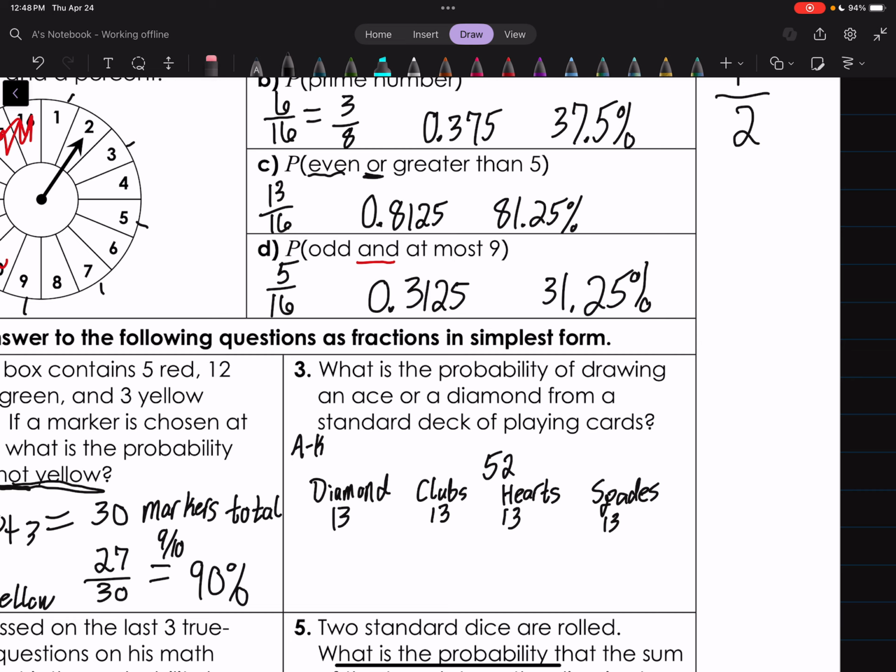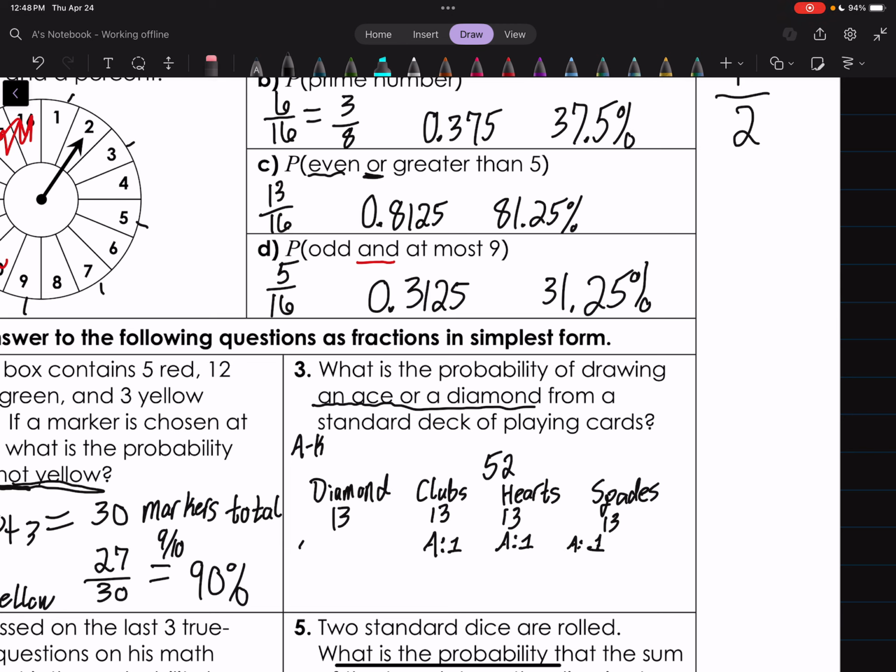What is the probability of drawing an ace or a diamond? So in the diamond set, I'm using all 13. For the clubs, I just want the ace, so I'm going to use the ace from this for 1 card. I'm going to use the ace from this one for 1 card. And the ace from the spades as 1 card.